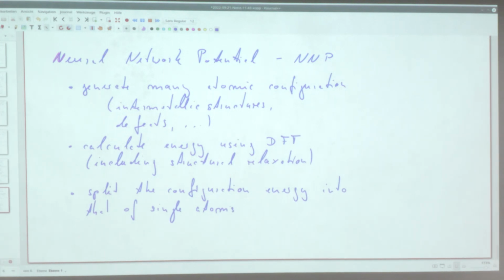So it's not just the energy of one aluminum atom and of a copper atom, but of an aluminum atom surrounded by this and that. So this is done in the next step.